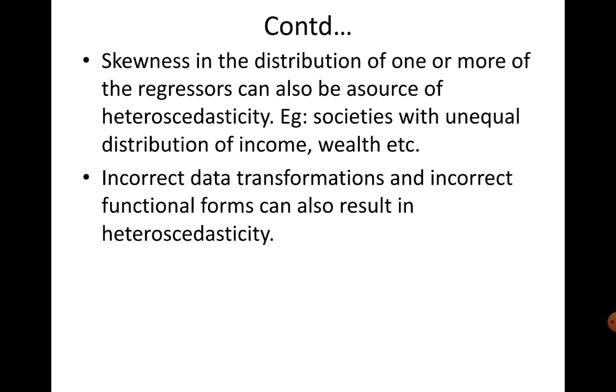The Gini coefficient for these distributions in India is in many cases very high, that is, there is high inequality. So if you have these skewed distribution variables as one of your regressors, it could be a source of heteroscedasticity in the sample or in the model as a whole.